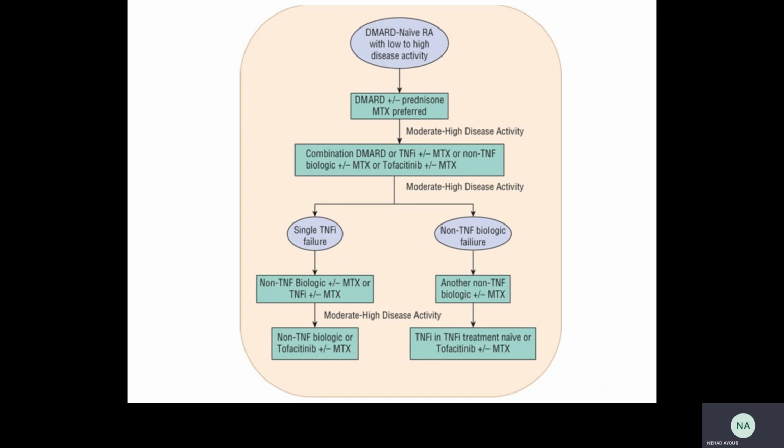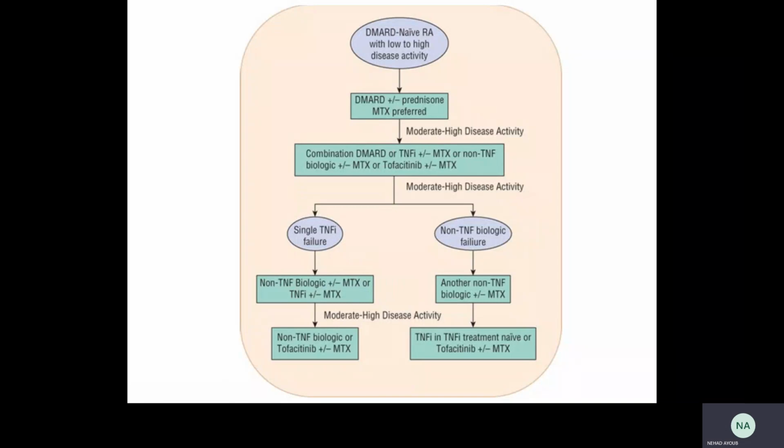You can start either one. If we look here at the algorithm, option 2 is a TNF inhibitor plus or minus methotrexate, or option 3 is a non-TNF inhibitor biologic plus or minus methotrexate. So you can start either biologic with or without methotrexate.